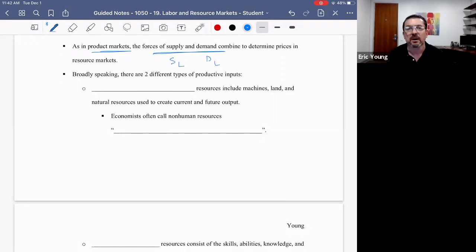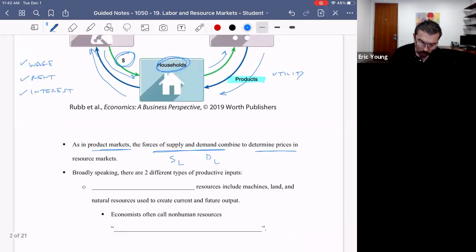And as in any market, we know that supply and demand come together, and this is how we determine prices. You can think of this, since wages are the prices of labor. Okay, wages, that's the money that we make working.